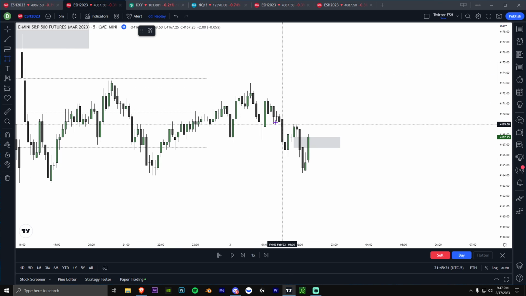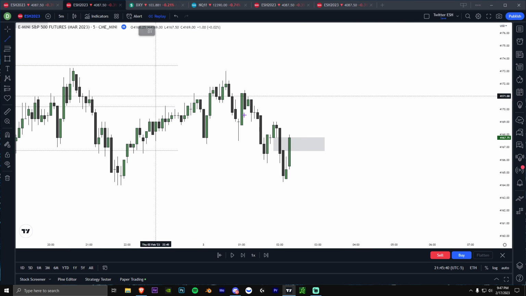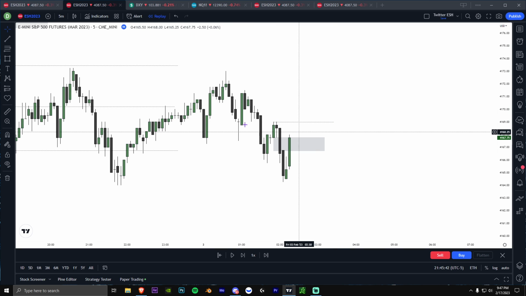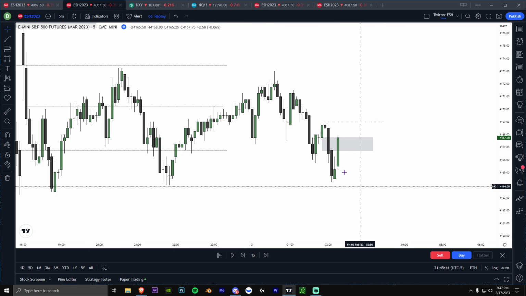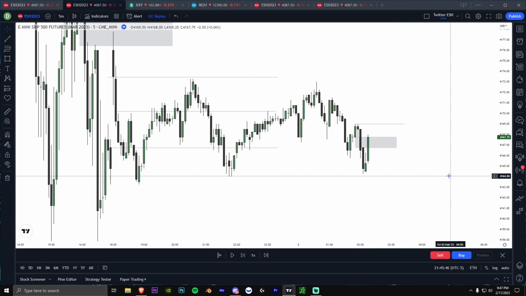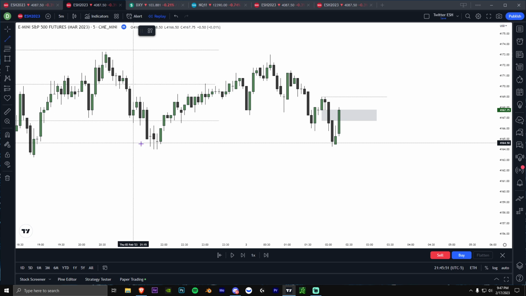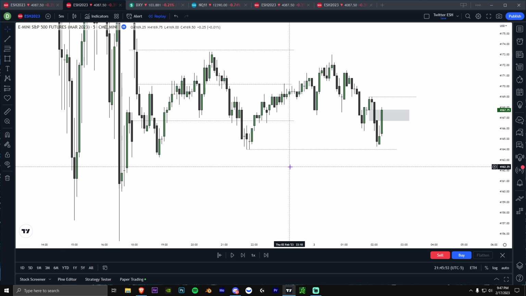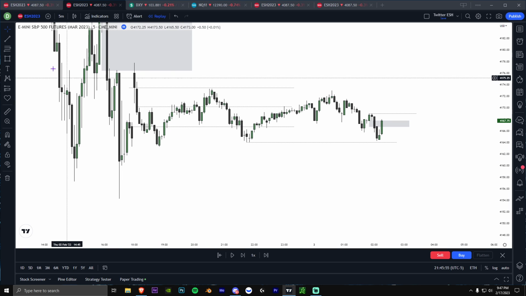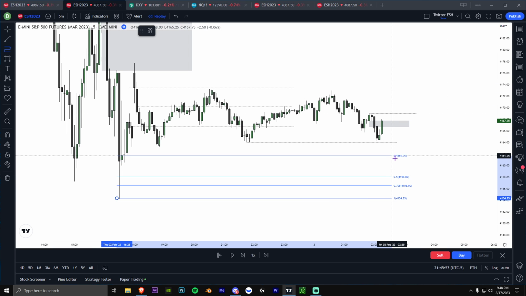So we rejected this one. In this situation, if I see these equal highs, this would have been the short right here. I just missed it because I did it too fast. I think this would have been a good short because we didn't hit the lows yet. So I would have wanted to see these lows hit. And I probably had this drawn down here maybe.